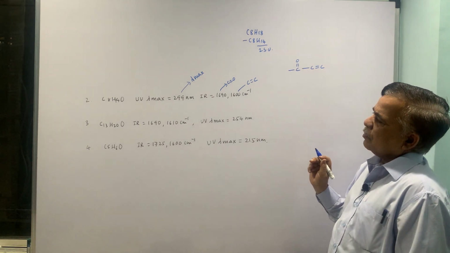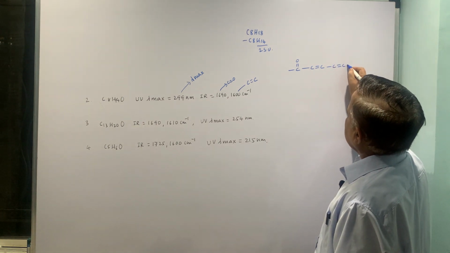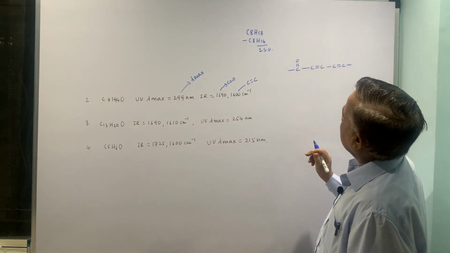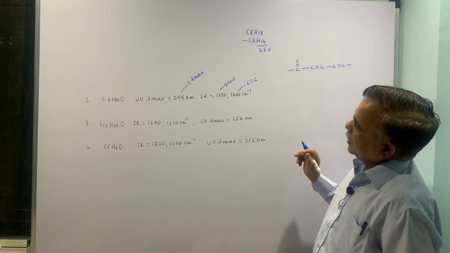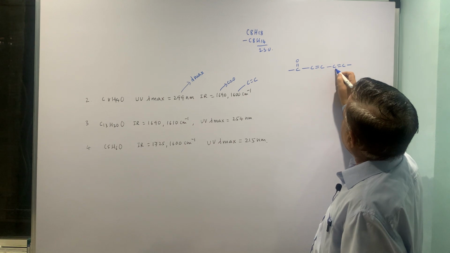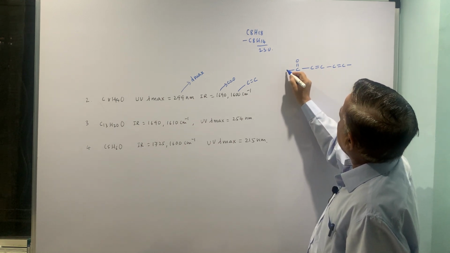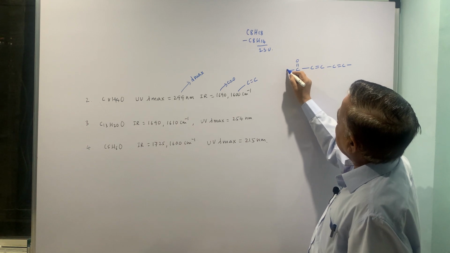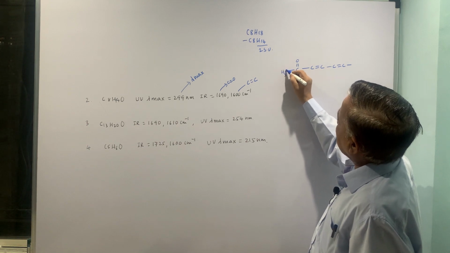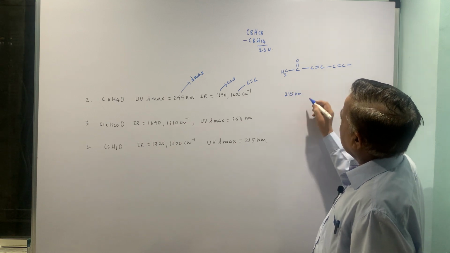Okay, we have got sufficient carbons, so I am putting 8 carbons are there. So 1, 2, 3, 4, 5, and then make it ketone, so that basic lambda max is 215 for this.